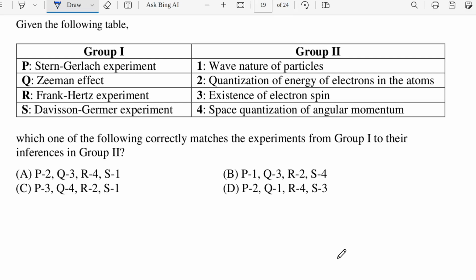What you need to know is the output, the result coming out from the experiment. That is very important. I have mentioned these four experiments and their outputs so that it is very easy for all of you to understand the right option for each experiment.